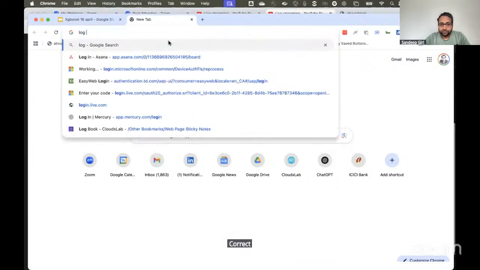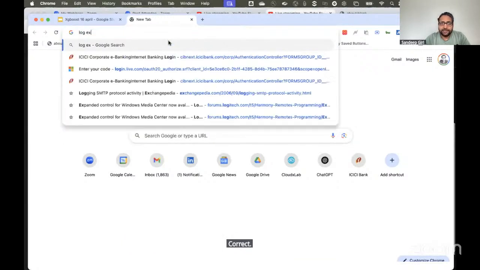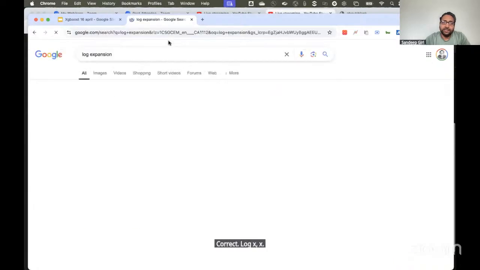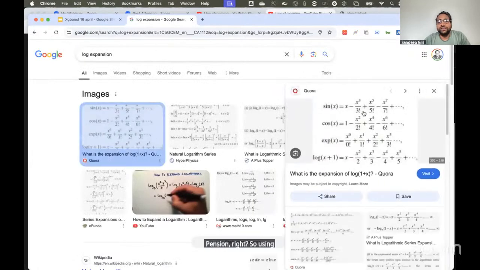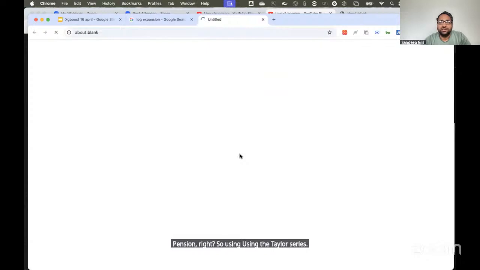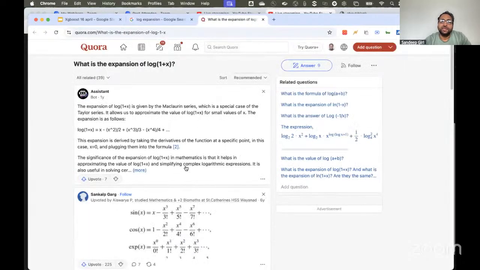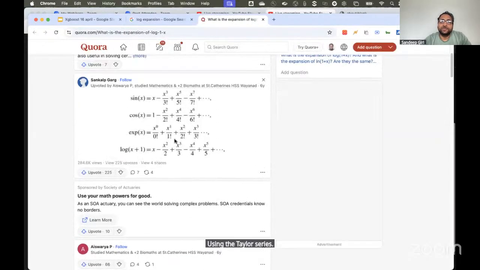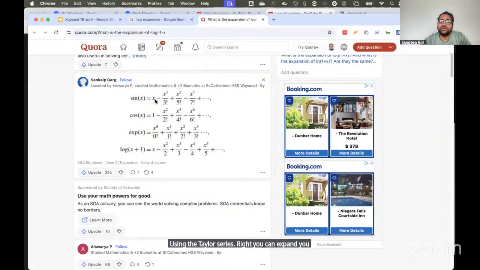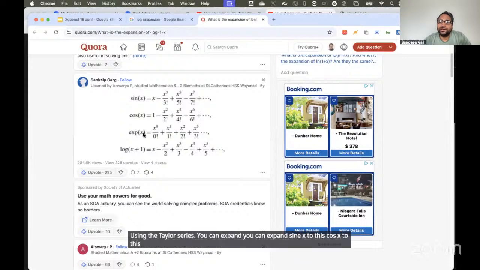So using the Taylor series, you can expand sine x to this, cos x to this, e to the power x to this, log x to this. Okay?